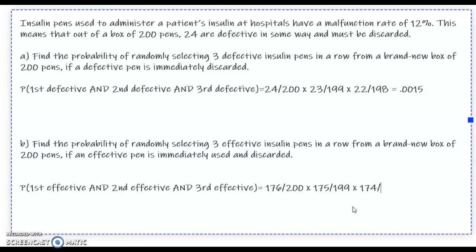Okay, and I started with 200 total pens. Used one, I got down to 199. Used another one, now my total should be 198. Okay, again, take a second, look at those numbers, make sure you see where I'm pulling them from. If you do have questions about why I used what number, please just let me know, send me an email.